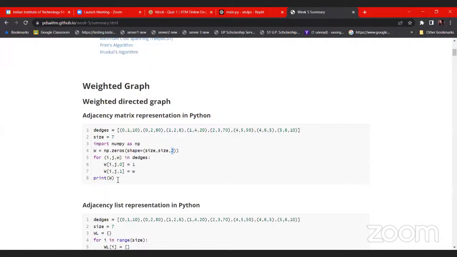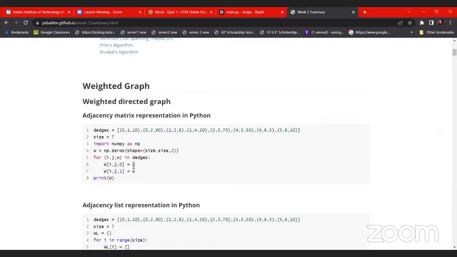So if you see, for I, comma J, comma W, we are reading this list of tuples, and every tuple contains three values. We are reading these three values in I, J, comma W, and storing them in each row and column combination. For row I and column J, this value represents the first value and second value, 0 and 1.